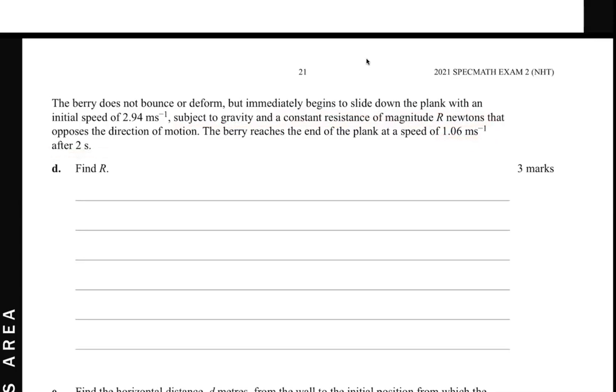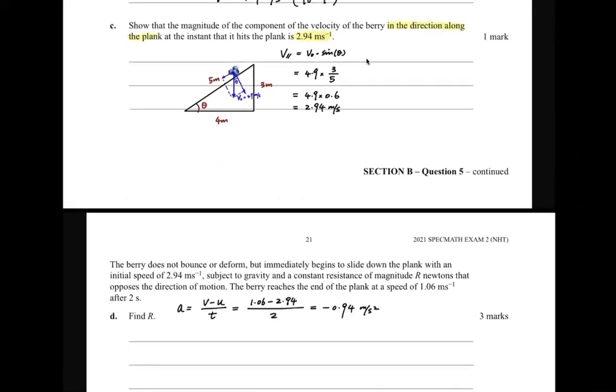Find R. Because all forces are constant forces, we can use SUVAT. The acceleration during this stage is V minus U over T. So it's 1.06 take away 2.94 divided by the time difference 2. And this should be minus 0.94 meters per squared second. Now we need to borrow the previous diagram.